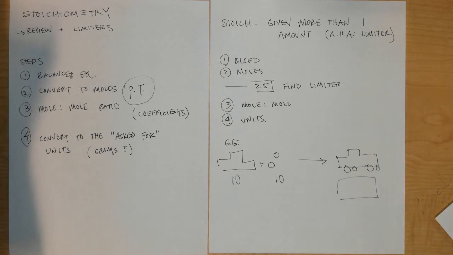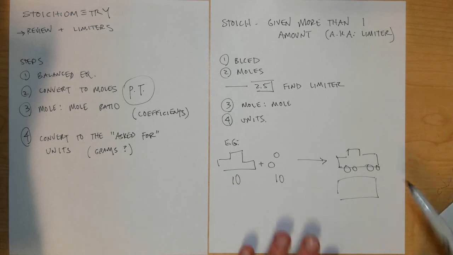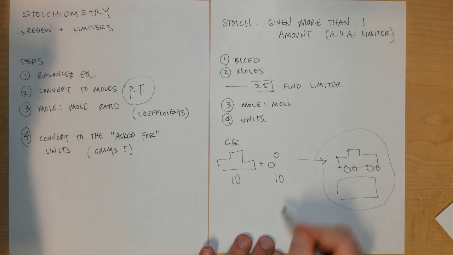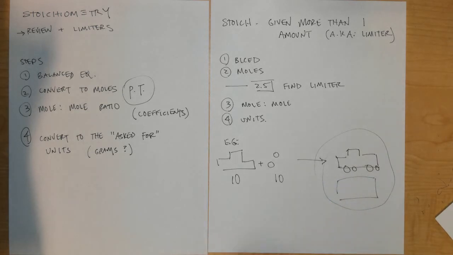Can you do that? Doesn't work out that way, right? Because how many wheels do you need per every car? You need 4. And so what's the minimum, or let's say maximum, number of cars that I could actually make if I only had 10 wheels? I could make 2, maybe even 2.5 cars, I guess, right?